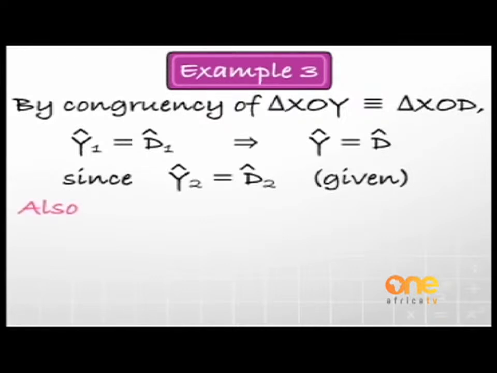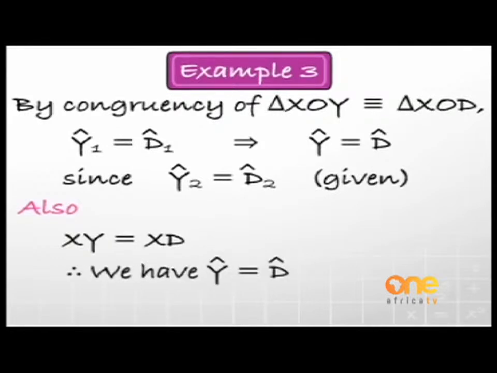Also, by the congruency of triangle XOY and triangle XOD, we know that the magnitude of side XY is equal to the magnitude of the side XD. Therefore, we have the following. Angle Y is equal to angle D, which is our angle. Side XY is equal to side XD, which is our side.